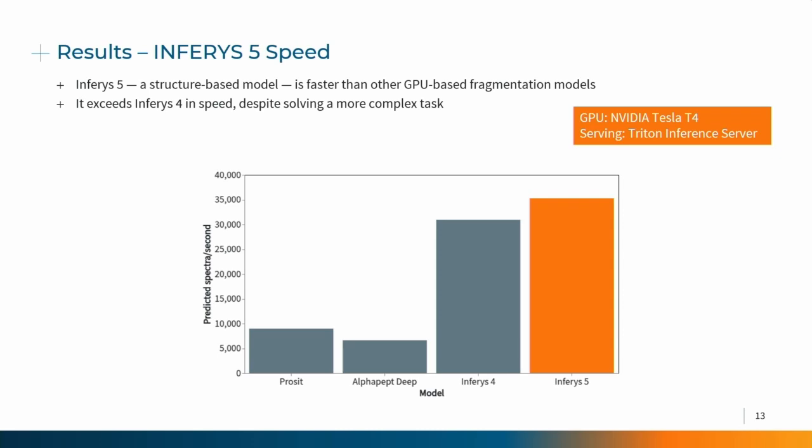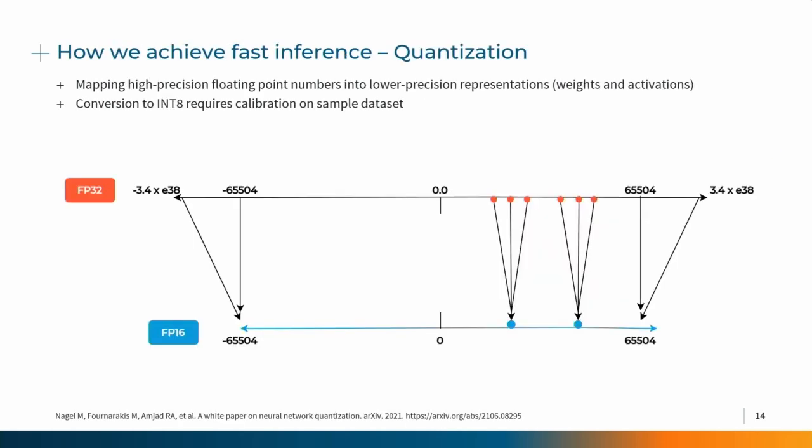So how is it possible that we get a model that is faster than other GPU-based fragmentation models? There are 2 answers to this question. The first is quantization. Quantization is a technique of mapping high-precision floating point numbers into a lower precision representation. This happens after the model is already trained.